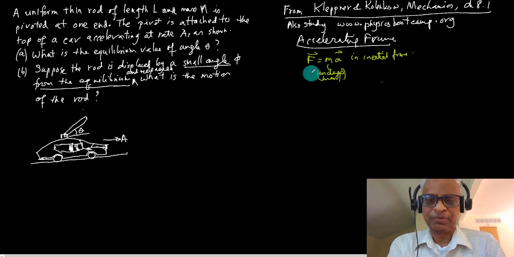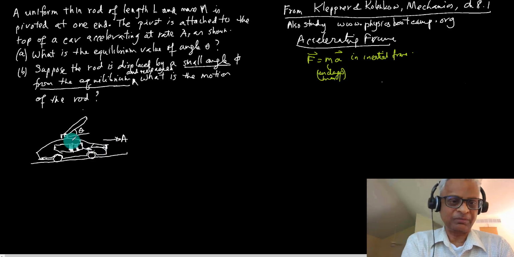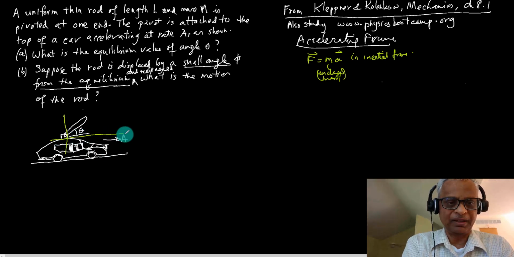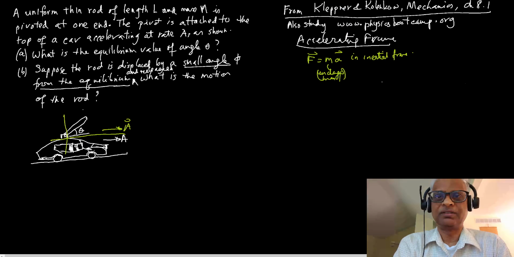But even if the frame is accelerating, suppose you want to study this in a frame that is attached to and moving with the car. If you want to study in that frame, then you will have a fictitious force.